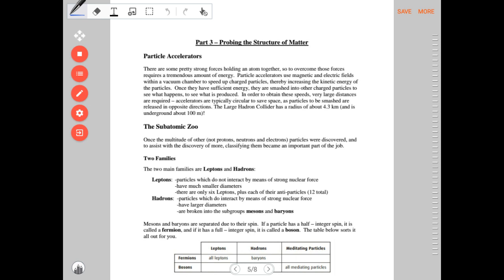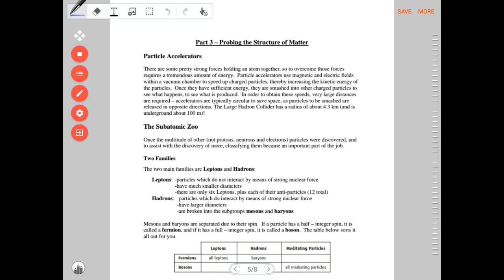The closer and closer you get to light, the more and more energy you need. Remember, light is 3.00 times 10 to the 8th, so these things accelerate particles to like 3.00 times 10 to the 7th. So very, very fast.